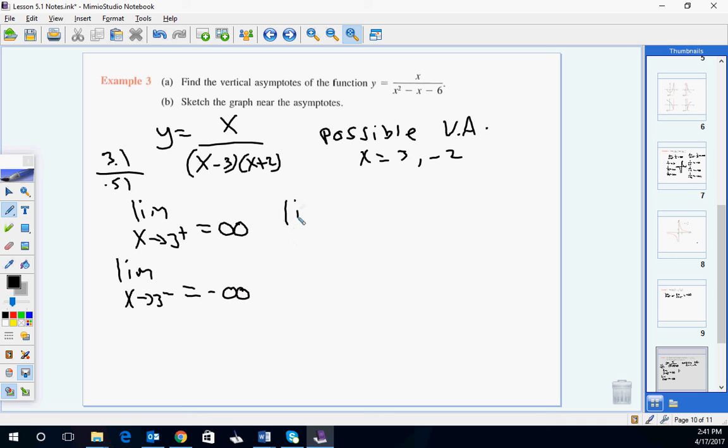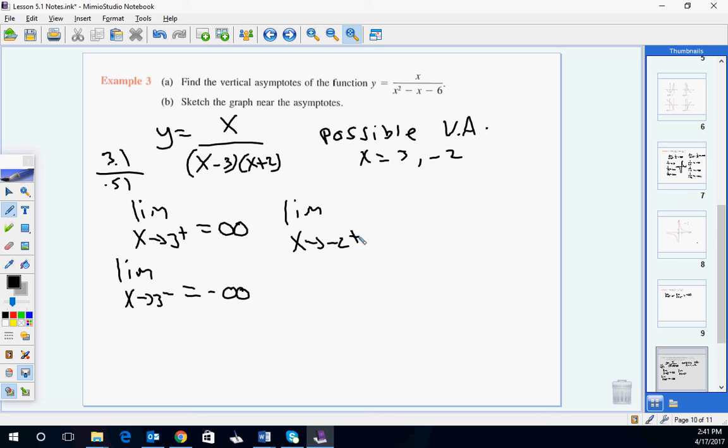Then let's look at negative 2 from the right. Negative 2 from the right would be like negative 1.9. If I put negative 1.9 here, that's going to be 0.1. That's going to be a negative 4, but also a negative. So it's going to be a big positive. Let me show that again.